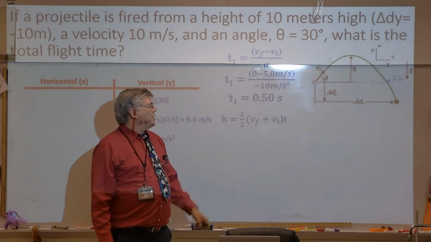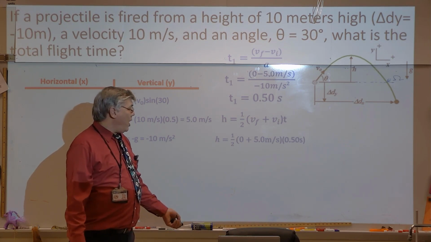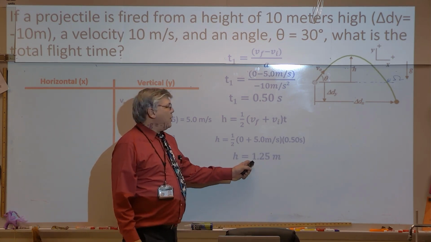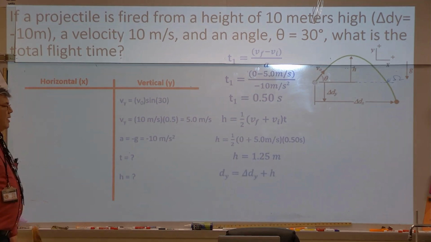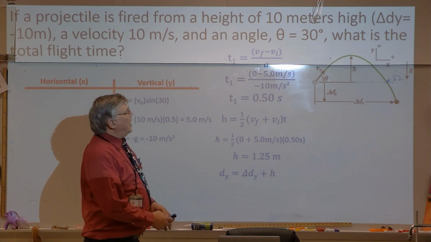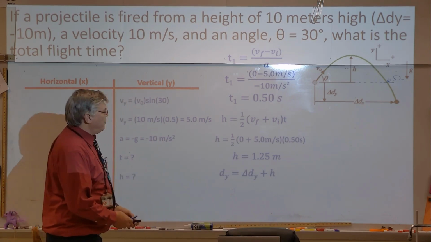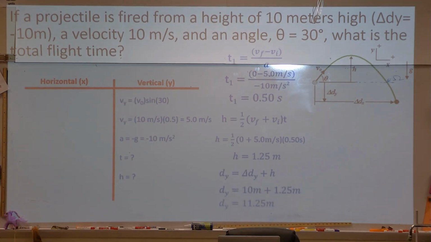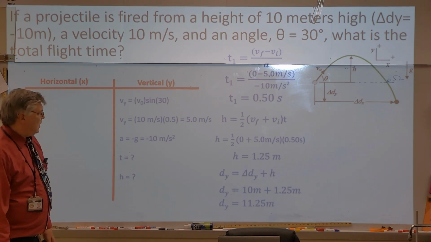The first thing I'm going to do is calculate the height just like I did in question number 1. I ended up with it went up 1.25 meters. Now I need to know the total distance that it's going to fall from that height. We know that this cliff is 10 meters high, plus that 1.25 meters means it's 11.25 meters. So I'm going to use this in my new horizontal projectile problem.